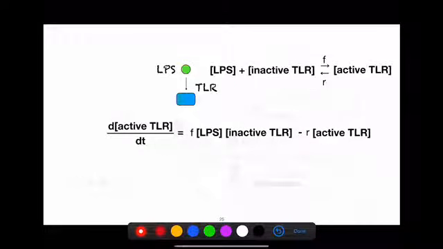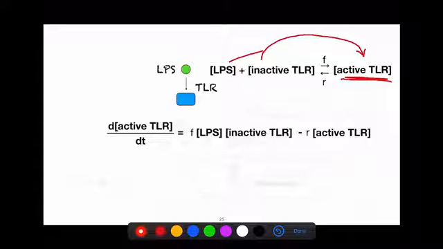How do we get to this? We use the same method that we have already used. So if you consider the rate of change on the side of active TLR, as we have discussed previously, movement from the left compartment to right compartment requires meeting of those two molecules.